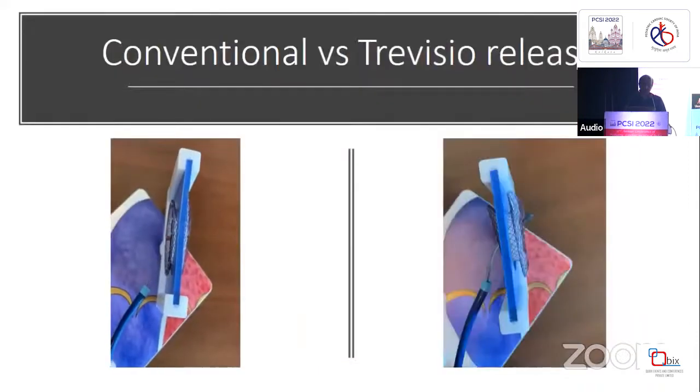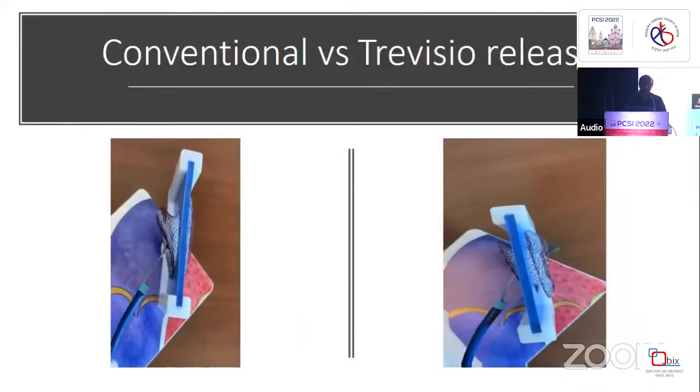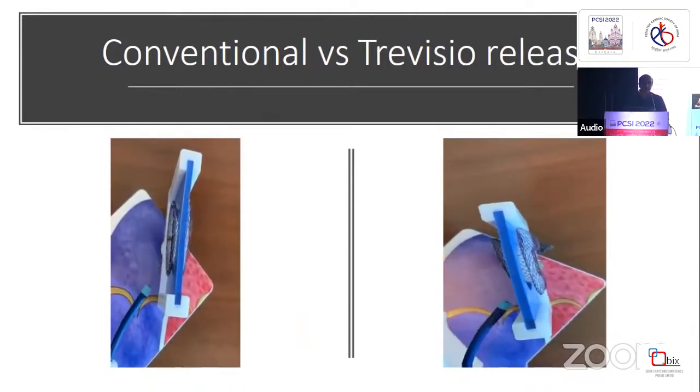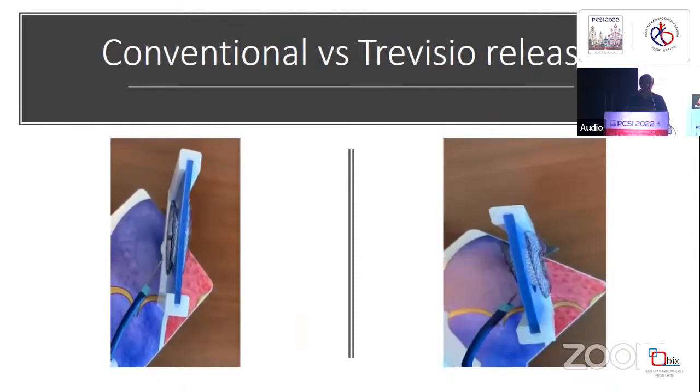So if you see, there is hardly any change in the device position in the Trevisio, which is on the right, as compared to the conventional on the left. The angle is reported being between 22 to 43 degrees for a conventional device, while a Trevisio doesn't have that change. It is less than 5 degrees.